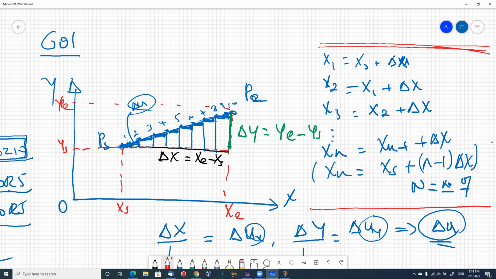Then finally we will have one equation, which is Xn equals X of starting plus n minus 1 delta x, and also Yn equals YS plus n minus 1 delta y.